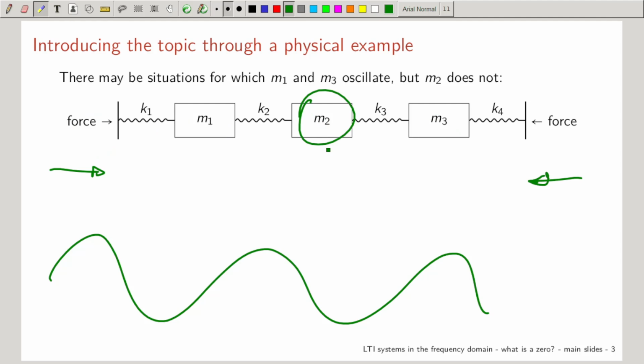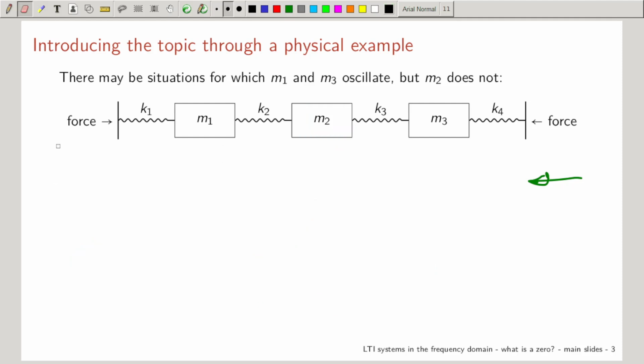You see? And the analytical expression, to be honest, I never found it, but you have the feeling that if you combine things in an opportune way, there must be a certain specific frequency for which this one stays there. Are we together? 1, 2, 3.